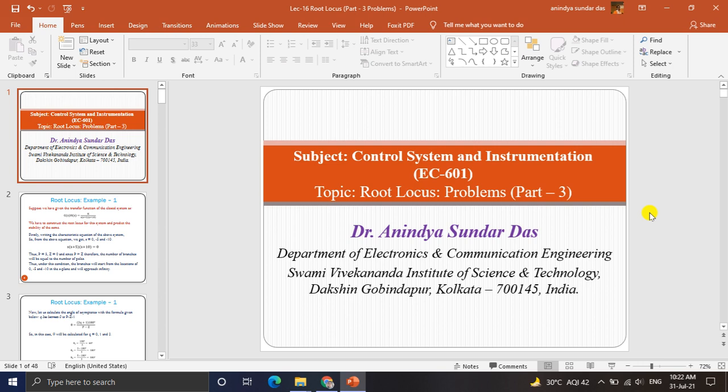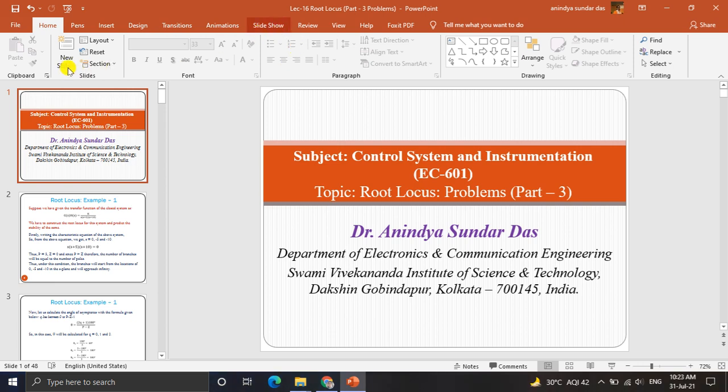Then in lecture number 15 I discussed the construction rules of root locus, and in this lecture I will demonstrate some root locus problems.